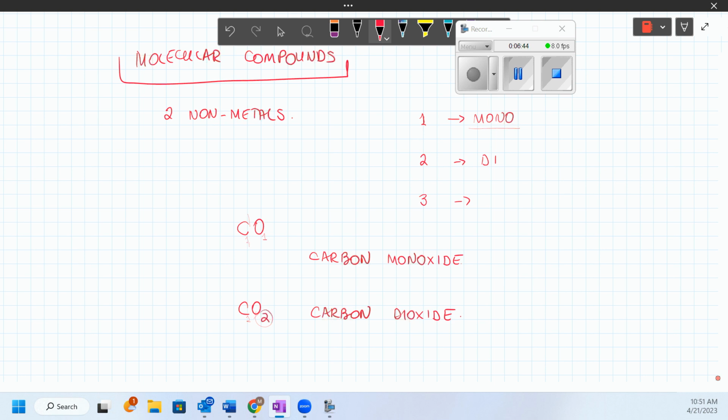When you are naming them, you start with the prefix of the first element, and if it is 1, then you don't mention it, then the name of the element, the prefix of the second element, and ending with IDE.